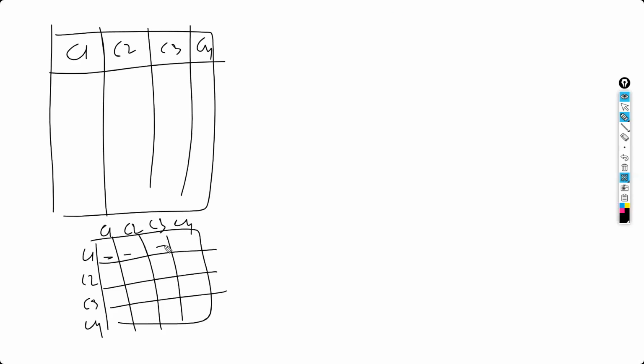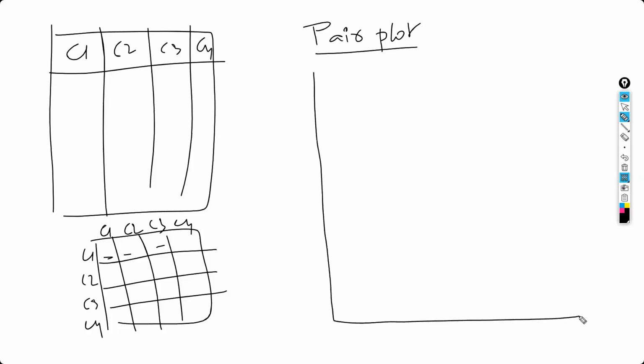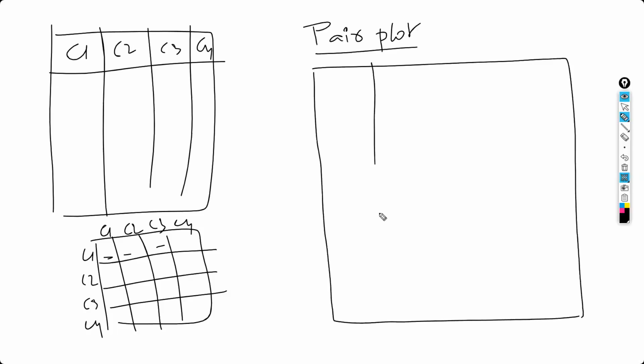Similarly, here also in the pair plot, total 4 continuous variables are there. So I'm going to create 4 by 4 subplots. How many continuous variables are there? That many subplots, number of rows and number of columns. You can't increase, you can't decrease. 4 means 4 by 4.